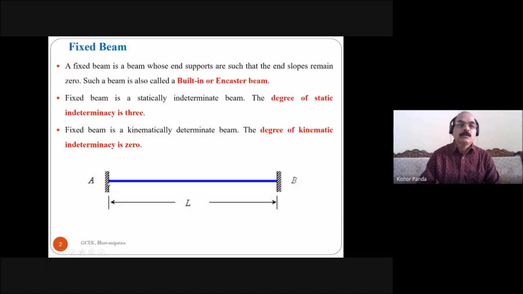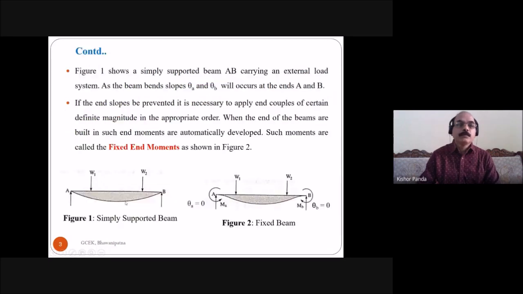So the vertical deflection is 0, horizontal is 0, and the rotational displacement is equal to 0. So there is no movement at joint A and no movement at joint B. So the degree of kinematic indeterminacy is equal to 0, and the degree of freedom is equal to 0.